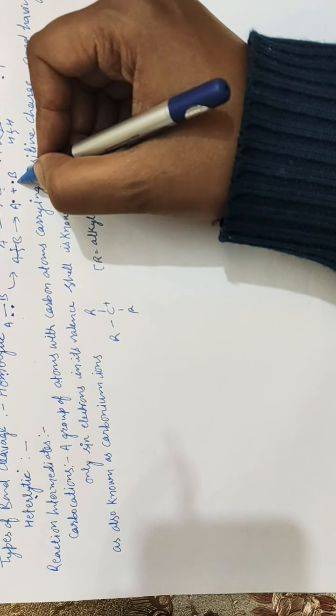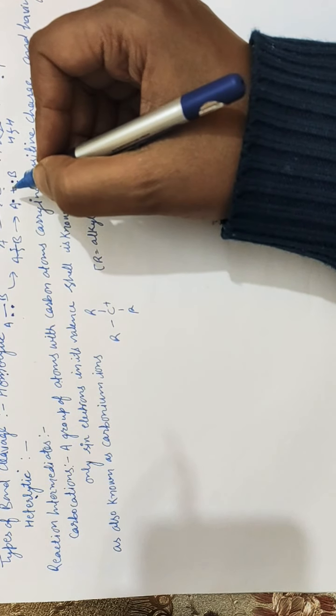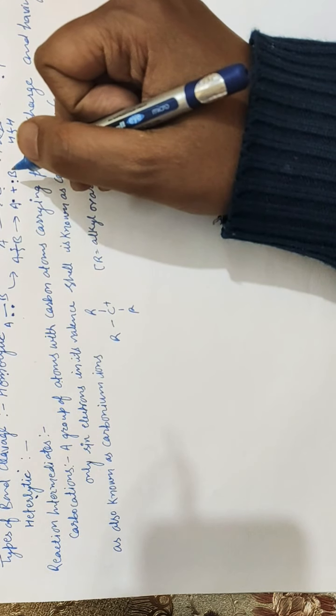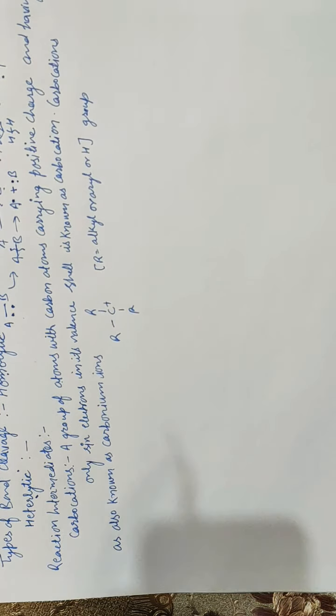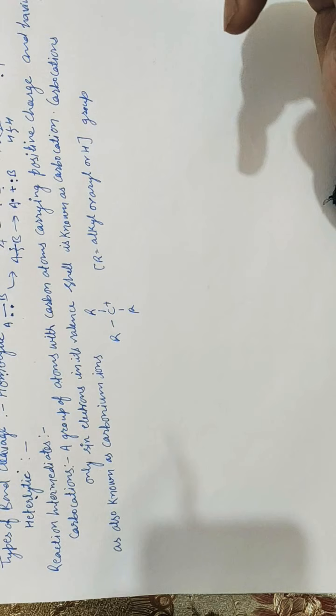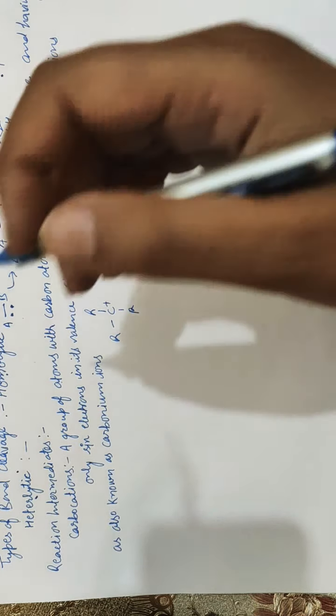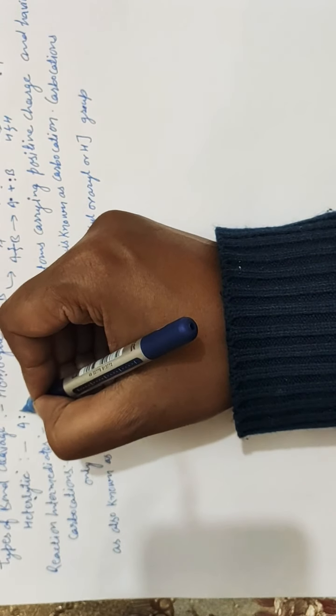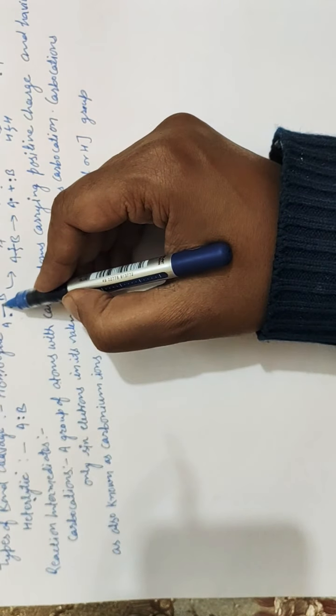Whereas the opposite of it is heterolytic bond fission or cleavage. In heterolytic bond cleavage, when a covalent bond breaks unsymmetrically, the shared pair of electrons is taken away by one of the bonded atoms. Both electrons of the shared pair go to one of the fragments. For example, this is a covalent bond as represented here by this hyphen.